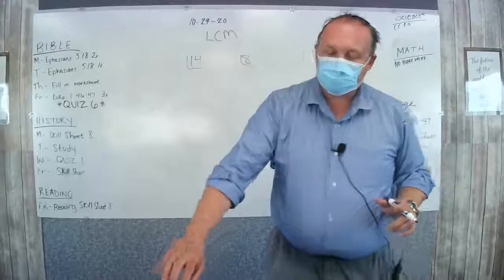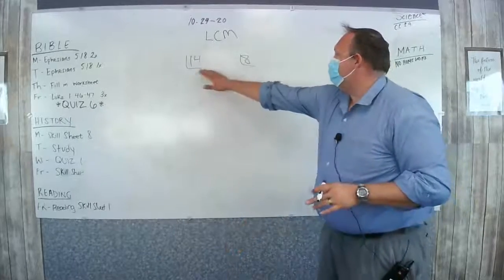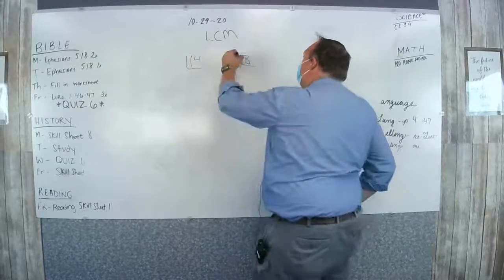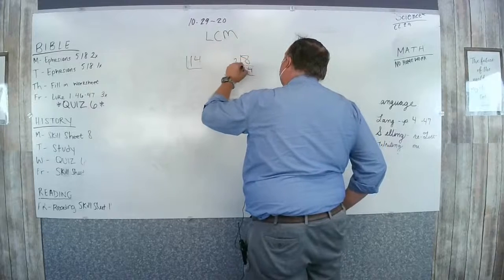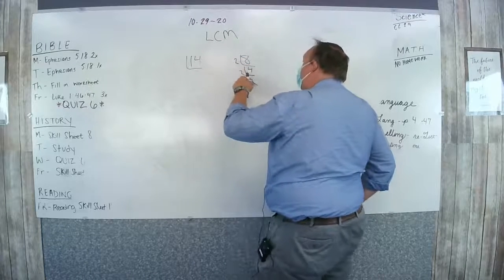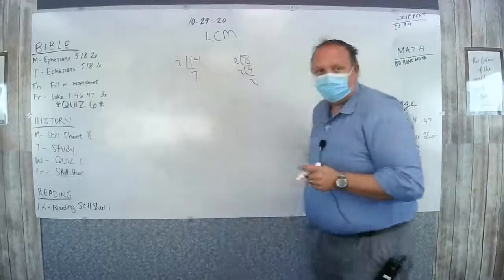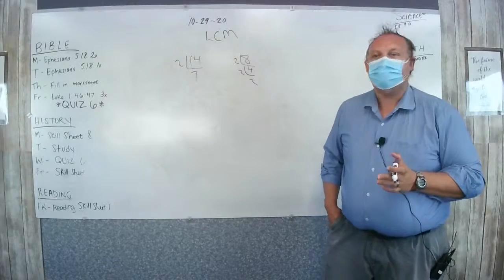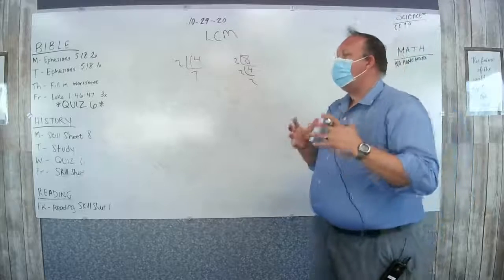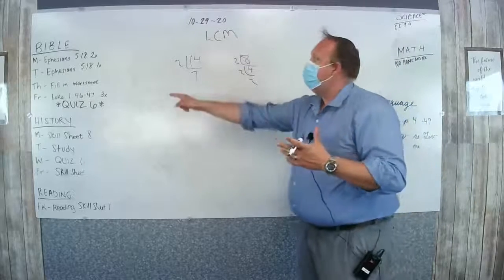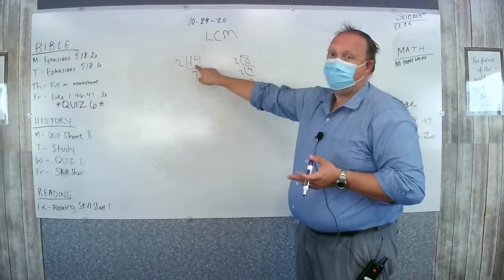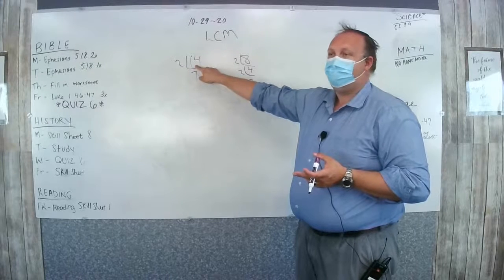Remember with LCM, okay, I have the numbers 14 and I have 8. 8 breaks down into 2 times 2 times 2. 14 is 2 times 7, right? Okay. Remember with the LCM, how many times is 2 used for 14? 1 time. Okay.